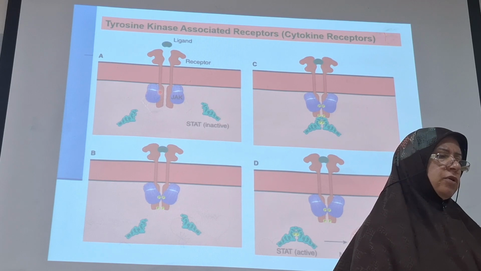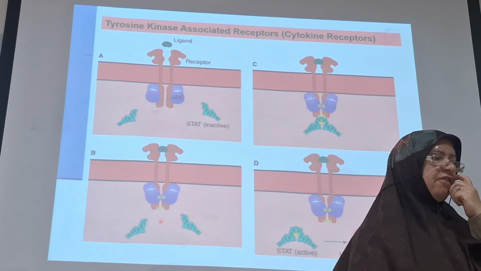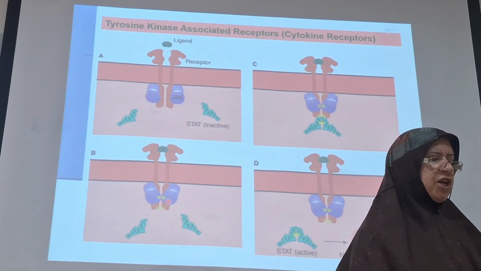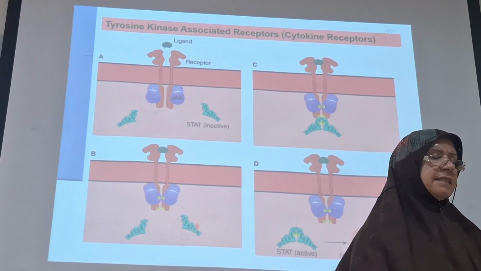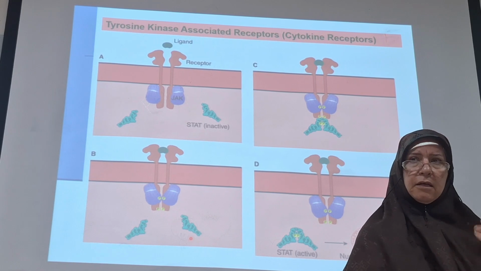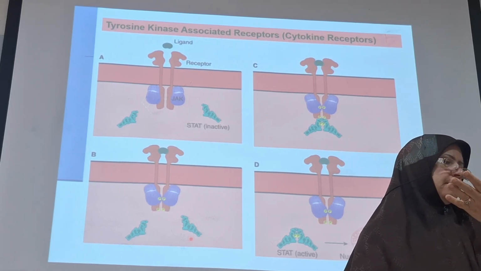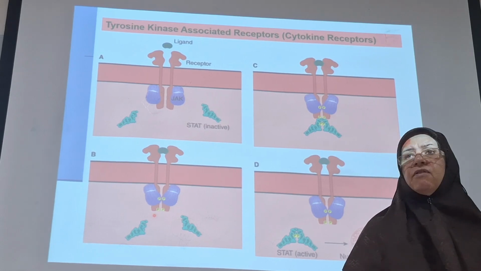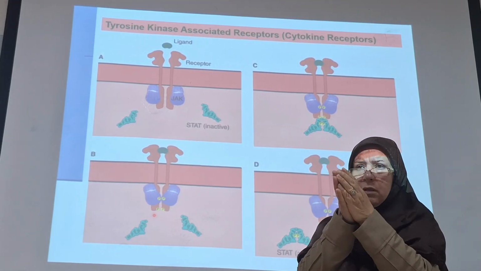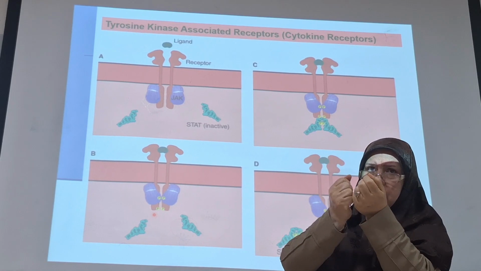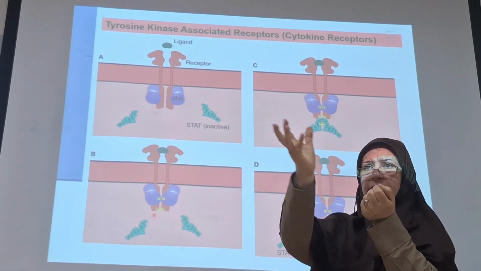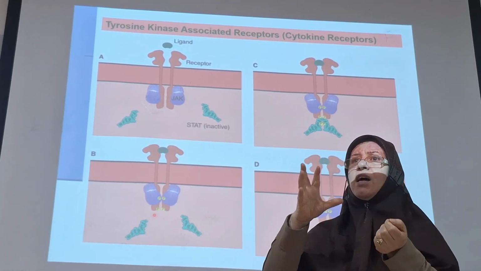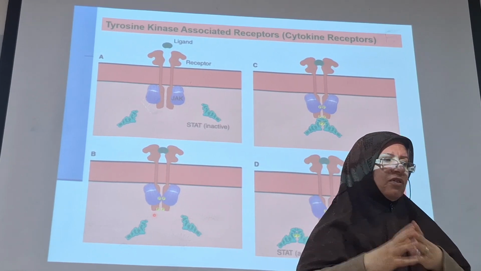When JAK binds to its receptor, it phosphorylates the receptors, and JAKs cross-phosphorylate each other. STAT is recruited to phosphotyrosine. When phosphotyrosine is formed, it attracts STAT. STAT loves phosphotyrosine and binds to it.